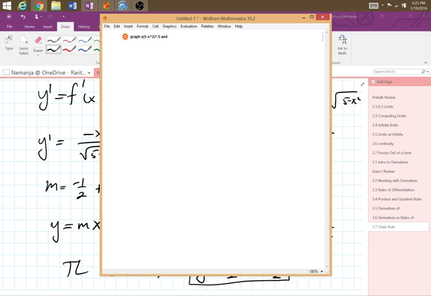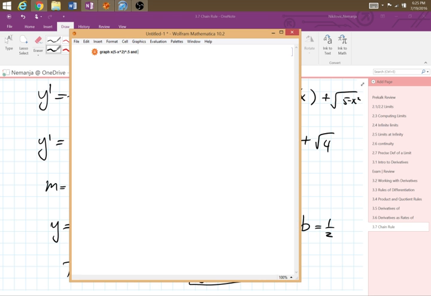And the second function is the tangent line, 1.5x plus 0.5. So they should graph and they should intersect at the single point.